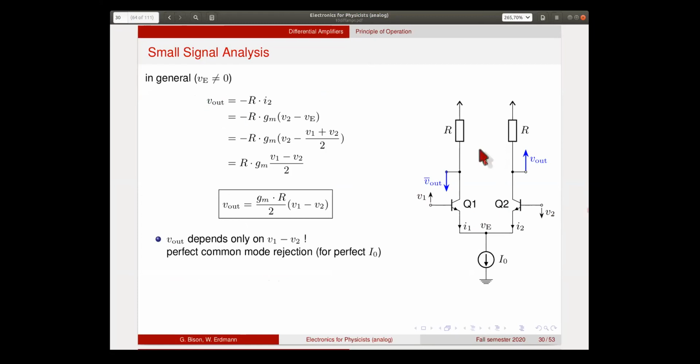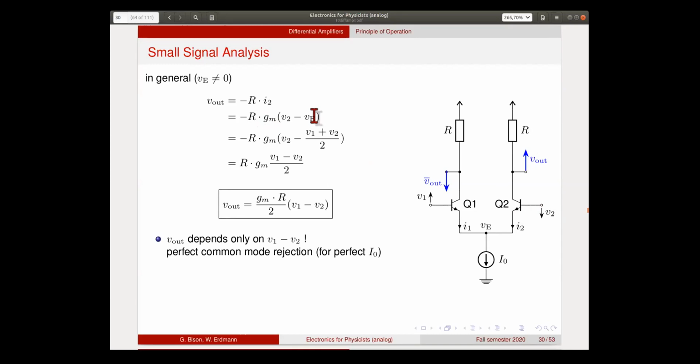So the output voltage, which is this one. This one is the inverted output. Let's look at the non-inverted output. It is given by minus R times the current in the right-hand branch. So it's R times I2, which is R times GM times (V2 minus VE), because this is the transistor modulation.